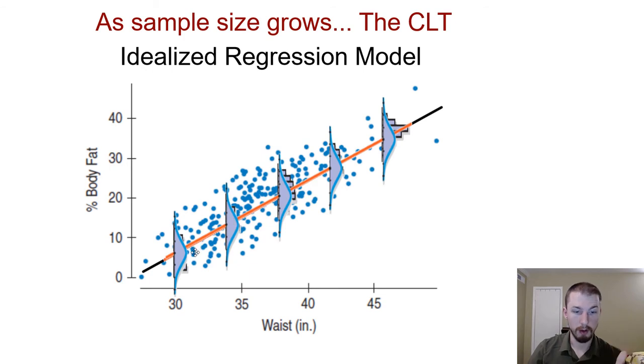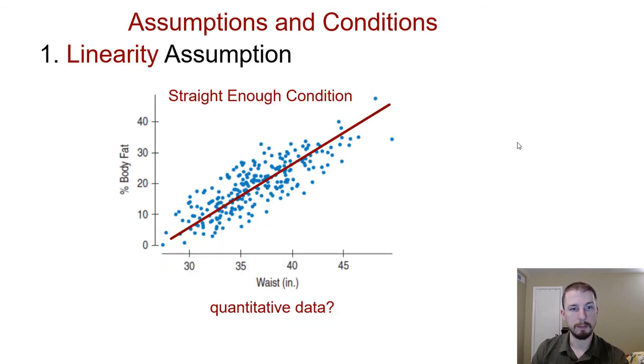The means for 30, 34, 38, whatever, would all be centered along that line, which we know they're not going to be. And they would all eventually, with a large enough sample, turn into bell curves as well, using our central limit theorem. So that's the idealized regression model, but of course that's not exactly what's going on. We just have to make sure that it's not too far off so that it would throw off our regression analysis.